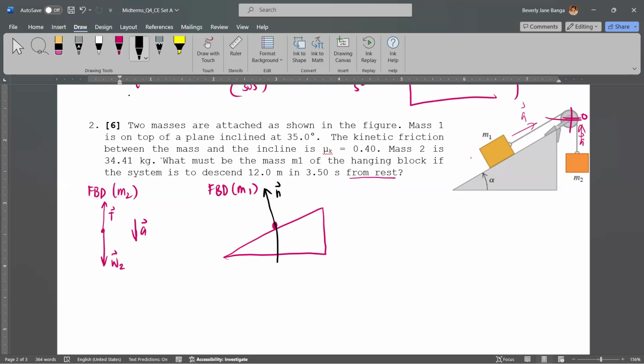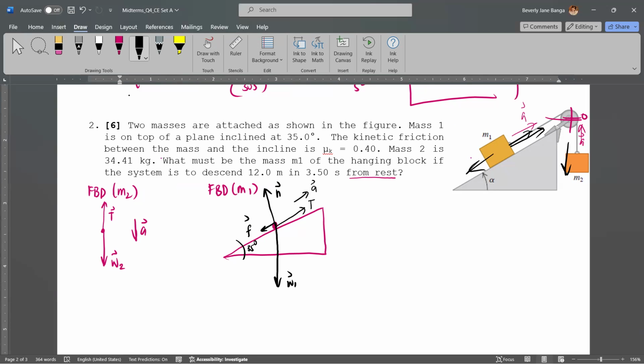And then, meron tayong weight. No? This is 35. This is weight 1. And then, nandito yung tension. So, you have tension like that. And of course, the acceleration is like that, no? And dito, meron ka pang friction. So, obviously, kung gagalaw pababa yung mass 2 natin, at ito gagalaw pa ganyan, so yung friction ay pabaliktad. So, friction is towards this direction.